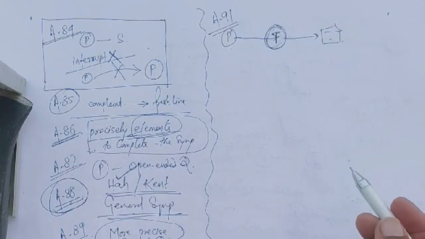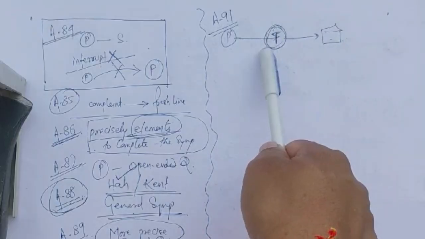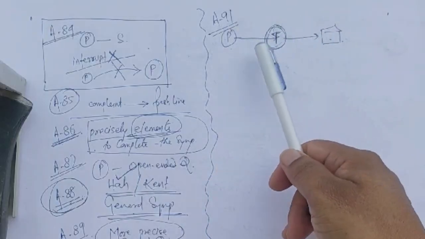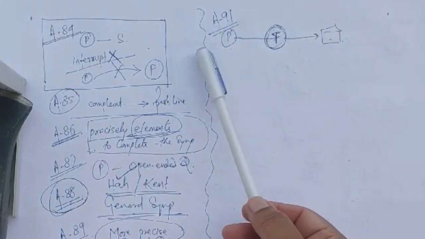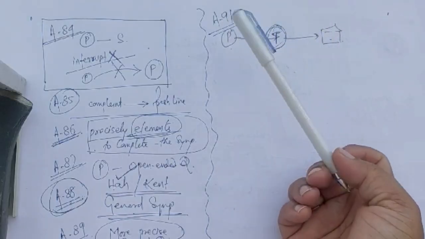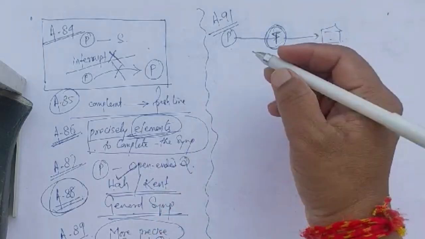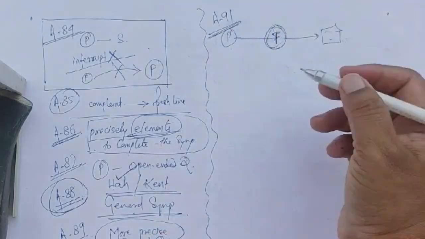So what are the guidelines given in aphorism 91? How to deal with such types of cases, how to do case taking in such cases, that is given in aphorism 91. It will also already be taught in your organon syllabus, aphorism 91.